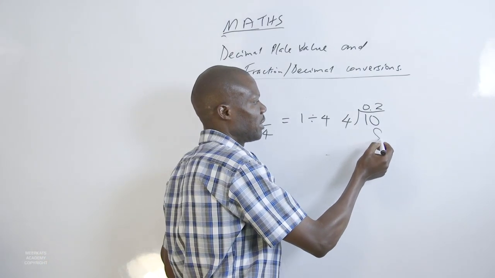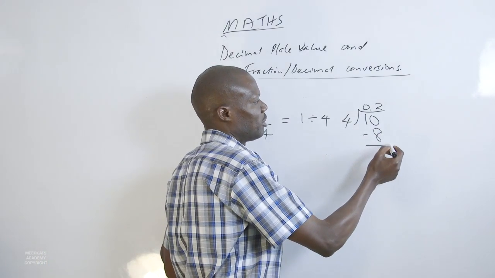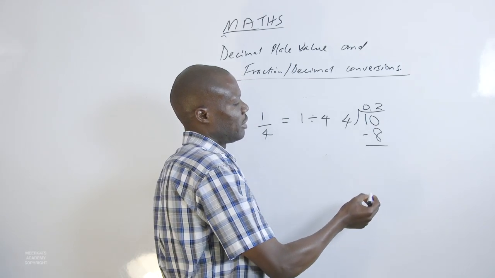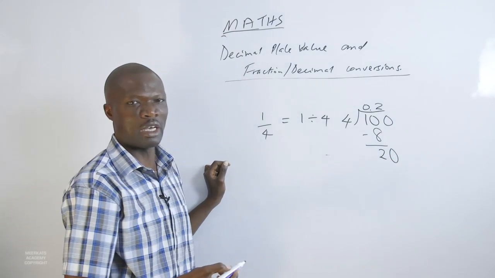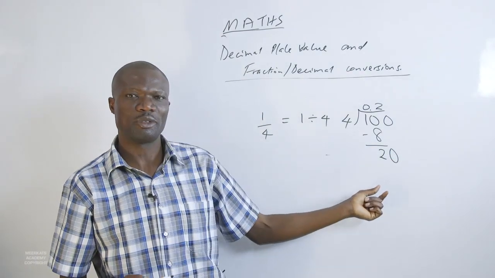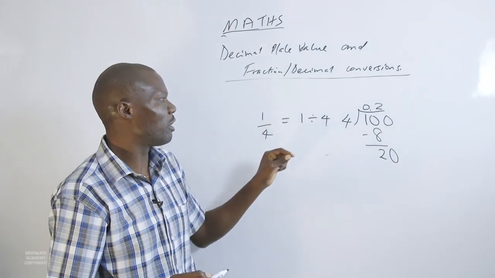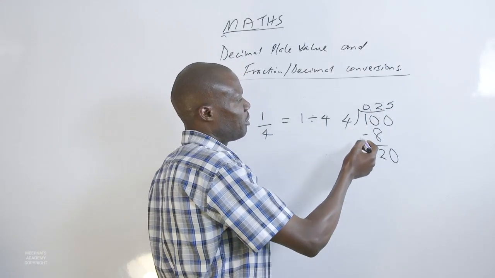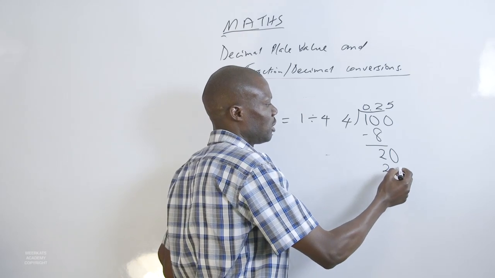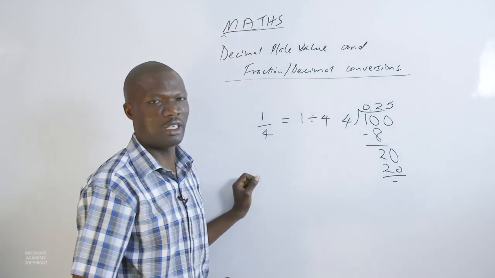I'll write 8. When you subtract, you remain with what? With 2. Bring a 0 in. This one becomes 20. 20 divided by 4 is 5. 5 times 4 is 20. When you subtract, it is nil.